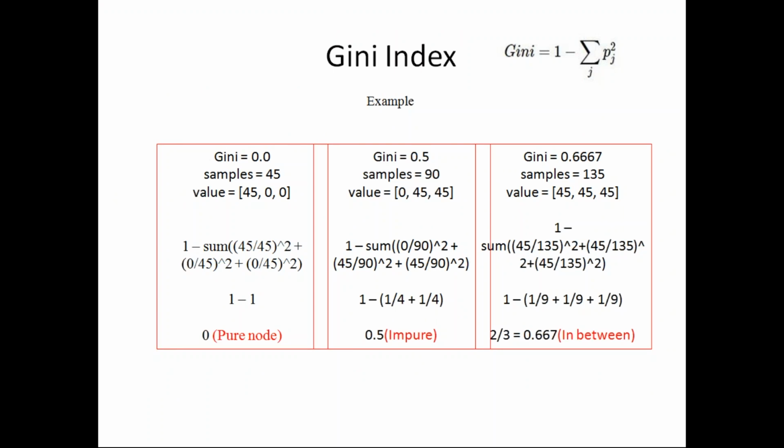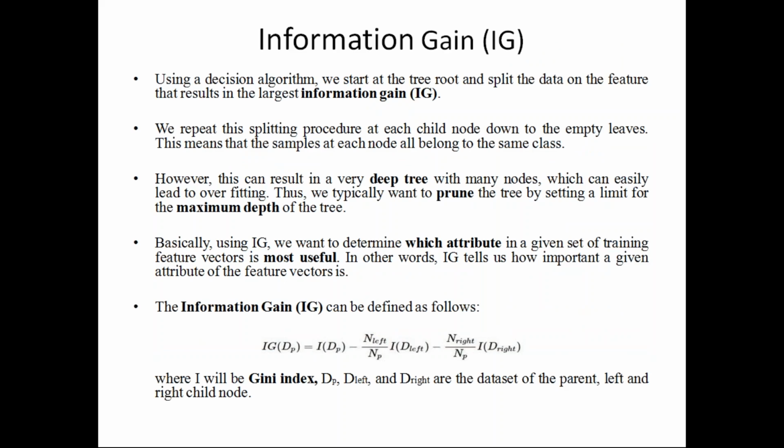Now the question is, on which attribute should we split? Should we split with the first feature, second feature or third feature? How does a decision tree decide to take the first feature? That is decided by the Gini index, but with a better measure called information gain.